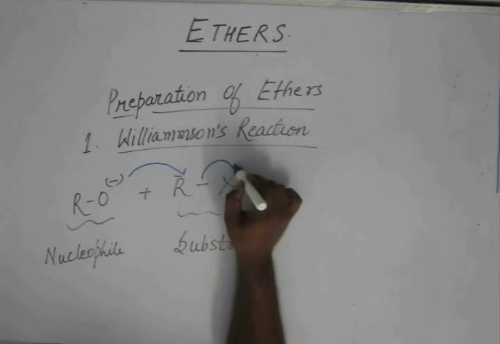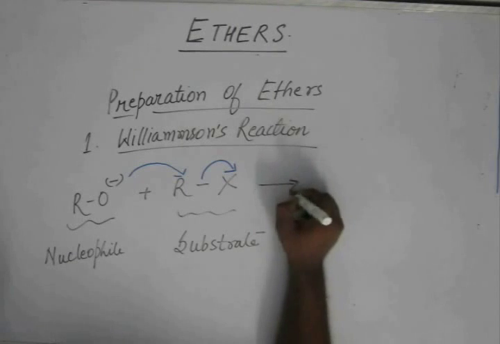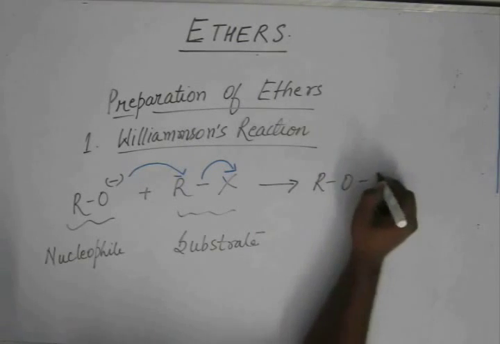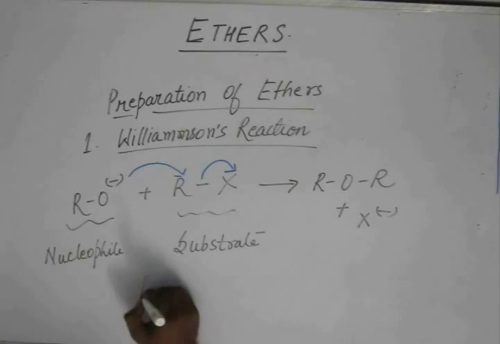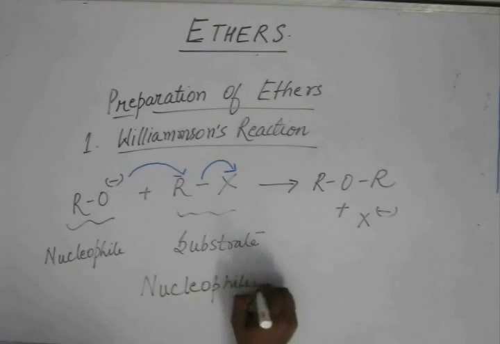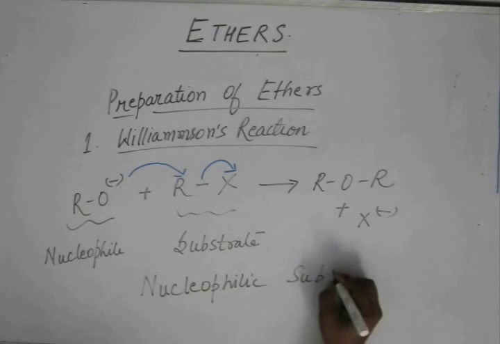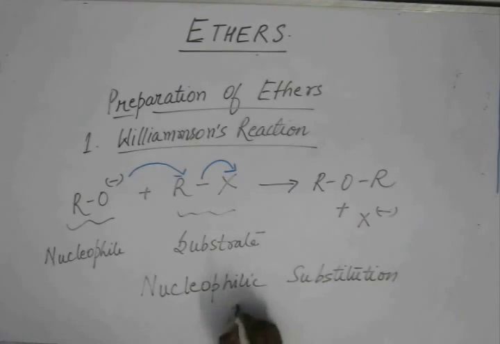This X leaves as X minus, so we are left with ROR plus X minus. So this is a nucleophilic substitution reaction.